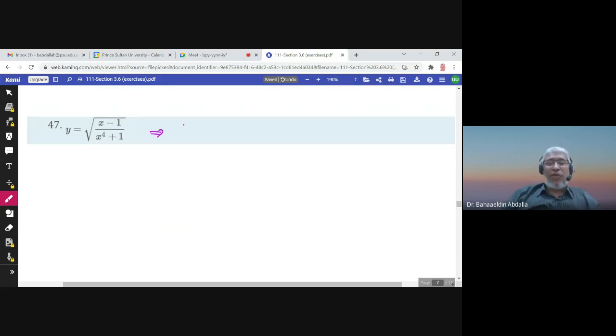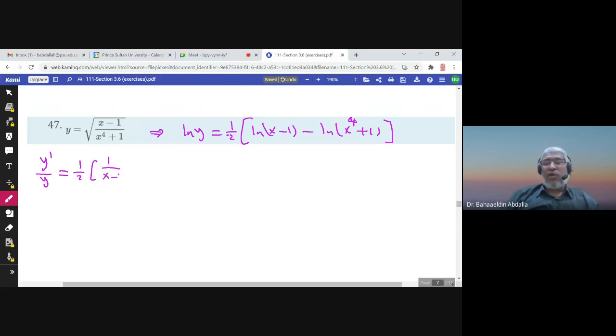Apply logarithmic differentiation. ln y equals ln of the square root. So I can write it to the power half and I can take half out. And then I write ln (x minus 1) minus ln (x to the power 4 plus 1). And now I can find the derivative. y prime over y equals half times the derivative of ln (x minus 1) minus the derivative of ln (x to the power 4 plus 1). 4x cubed is the derivative of x to the power 4.